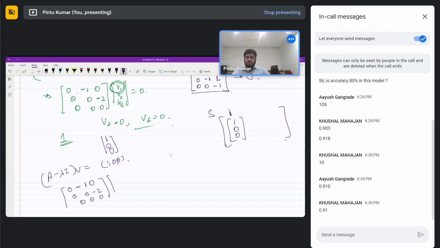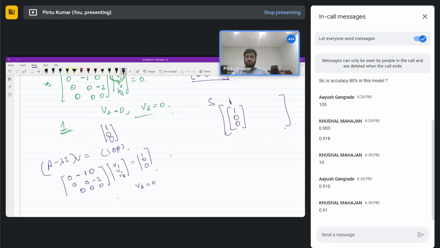This is V1, V2, V3. This is 1, 0, 0. So the second row would mean that V3 is 0, and the first one would mean that my V2 is nothing but minus 1. So my second generalized eigenvector I can get as 0, -1, 0.